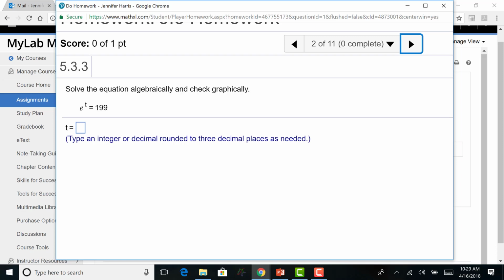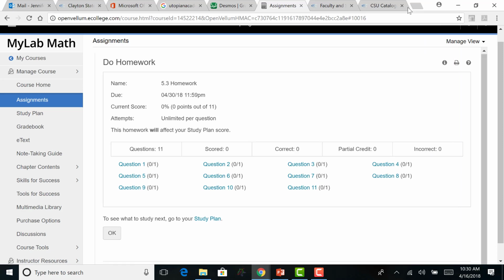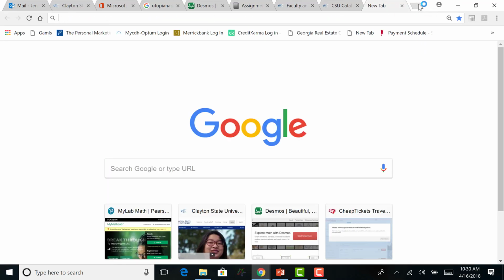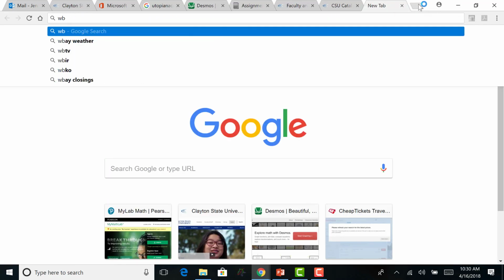What does yours equal in your calculator? You should have a similar problem in your calculator to do. So let me see what mine looks like if I actually go and do mine in my web calculator. So let me minimize that screen and open up the web calc.